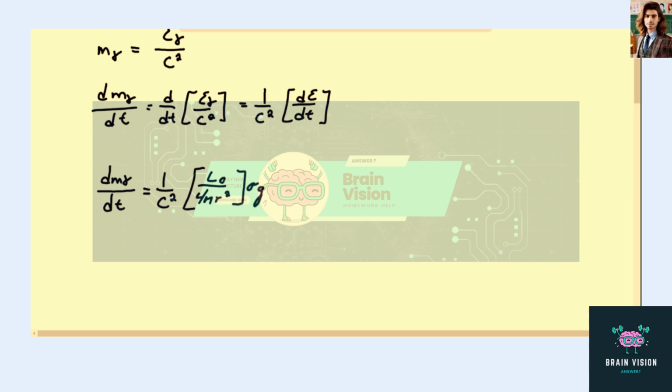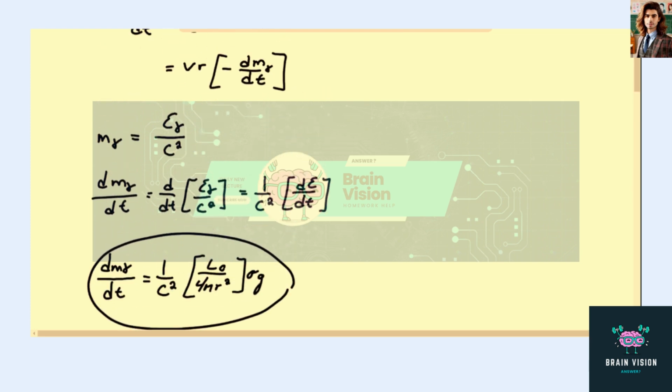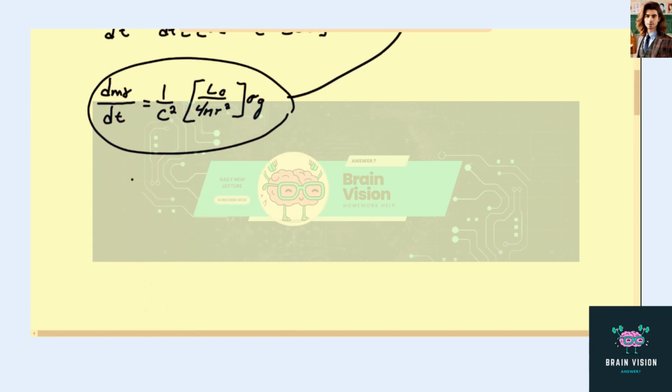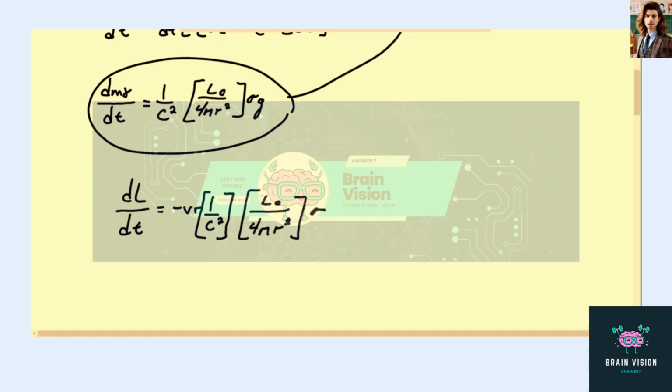Now we can insert this whole thing into the previous expression. So dL/dt equals negative v r, times 1 over c squared, times luminosity over 4 pi r squared, times omega g.